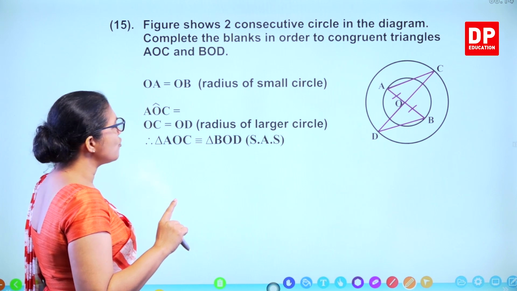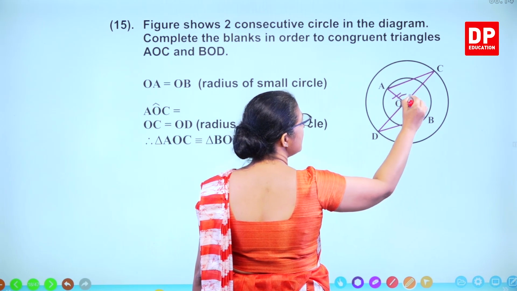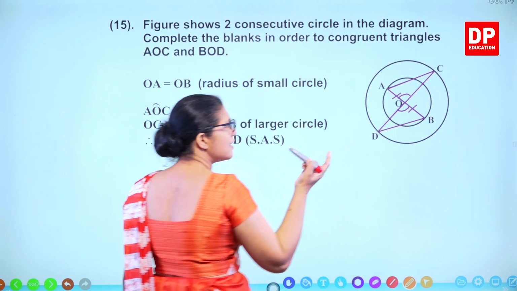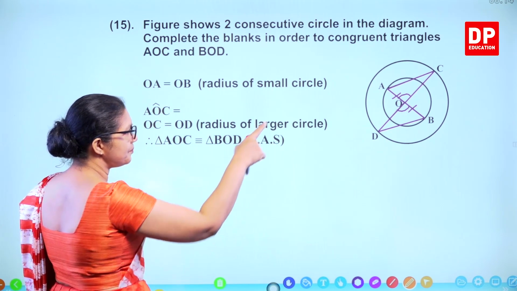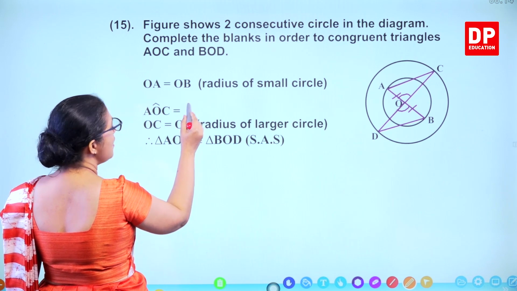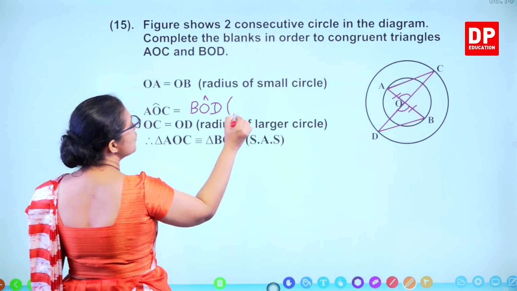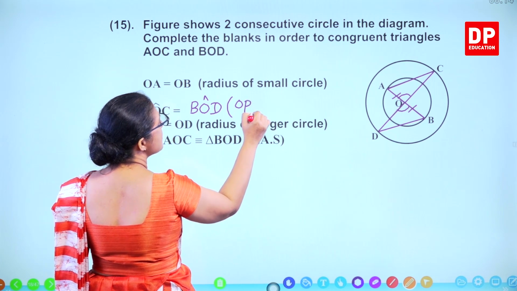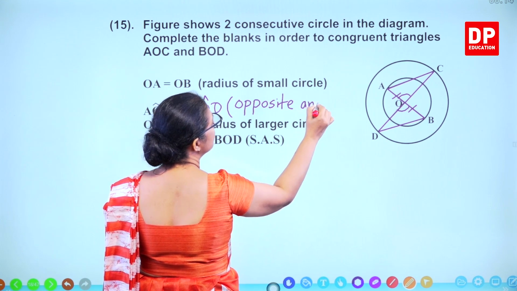Then what can you say about AOC angle? This angle is equal to this angle. What's the reason? Opposite angles. So you can write this is equal to BOD, opposite angles are equal.